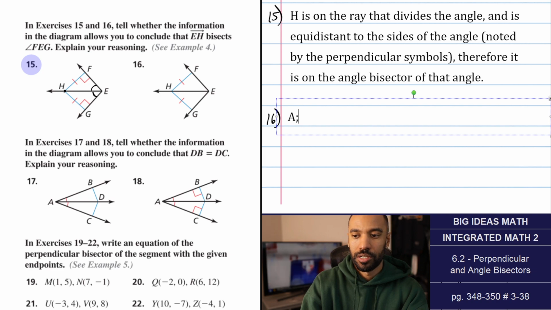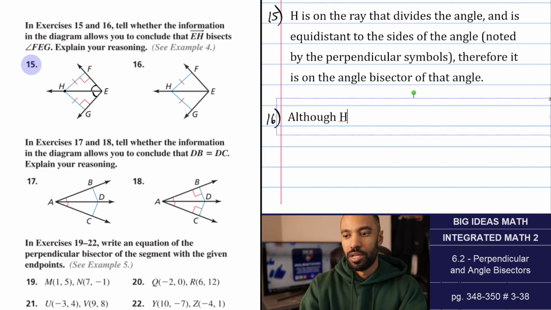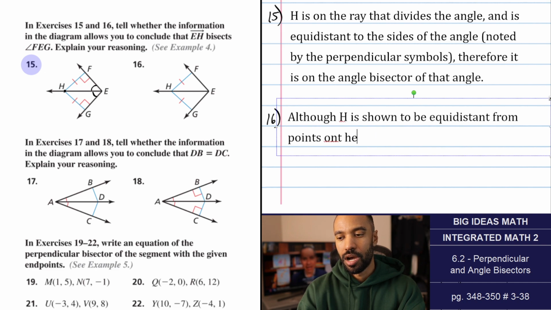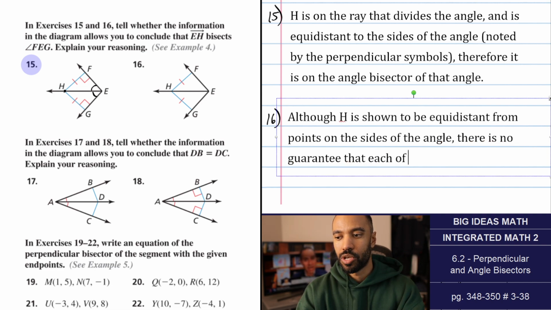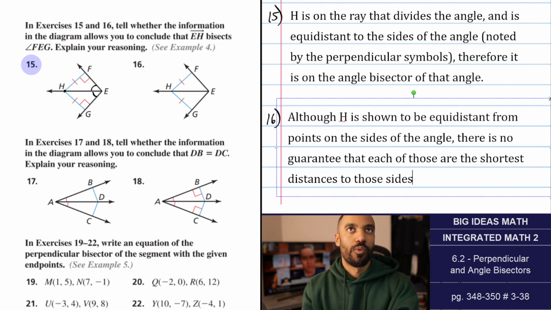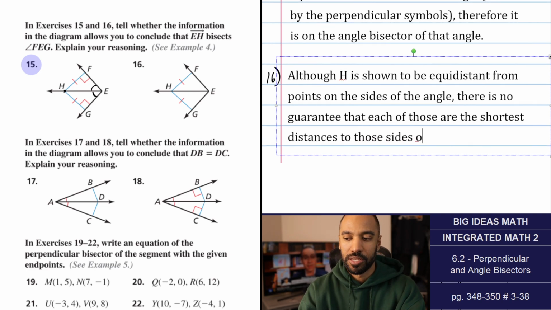Although H is shown to be equidistant from points on the sides of the angle, there is no guarantee that each of those are the shortest distances to those sides of the angle, or those same reference points, basically.